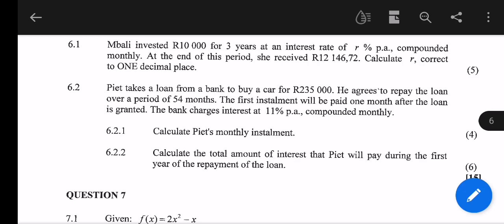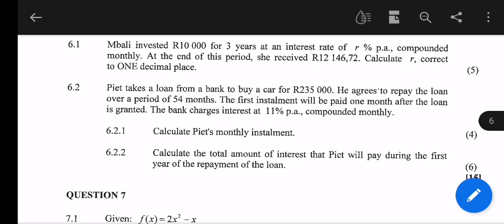So Pete takes a loan from a bank to buy a car for 235,000. He agrees to repay the loan over a period of 54 months. The first installment will be paid 1 month after the loan is granted. Very important with present and future value annuities: the first payment is made at the end of the month.